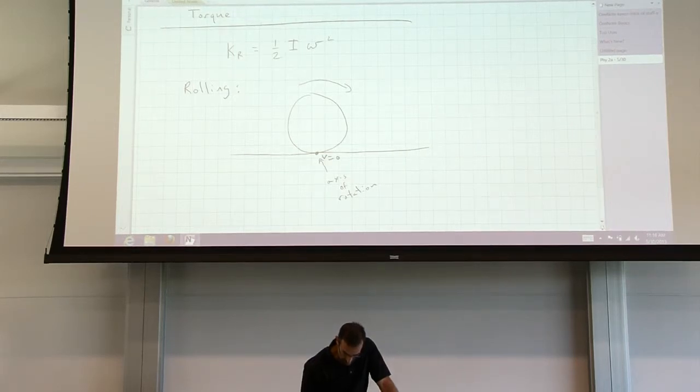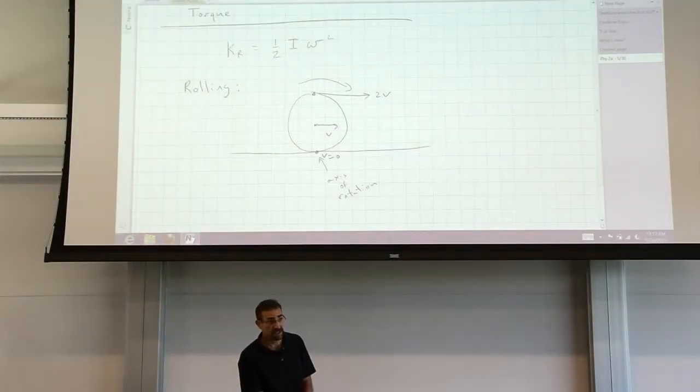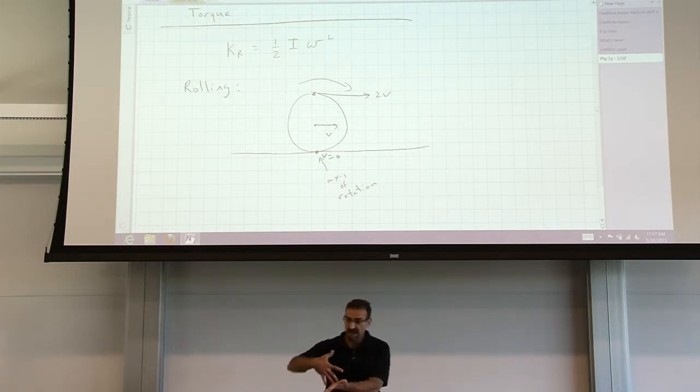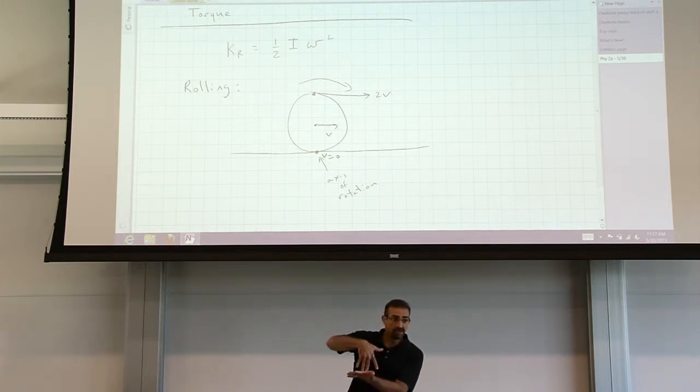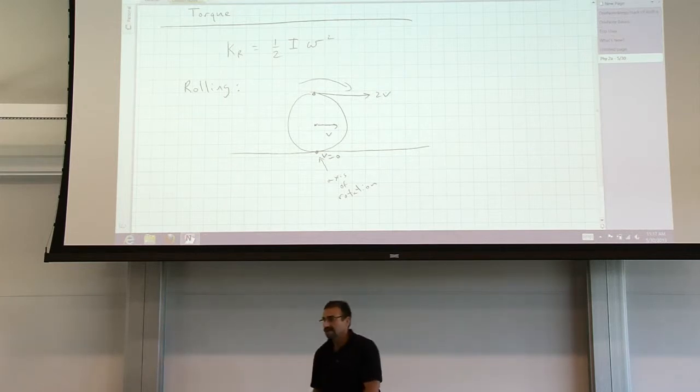And if you were at the center of the circle, you'd have a velocity in this direction, v. And if you were up here, what would your velocity be to the right? It would be 2v, right? Because this thing is rotating, and when something is rotating and we want to know the tangential velocity of any point on that object, what is a tangential velocity?